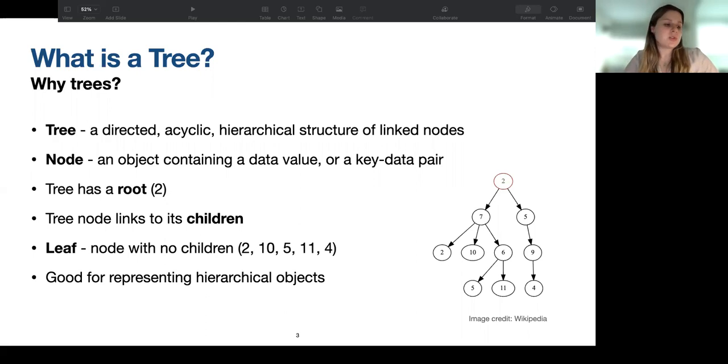However, I just wanted to note that in practice, oftentimes there is an integer key associated with each node, but there is also an object, really an arbitrary object, a data value, which each node has. The reason for that is because it's quite easy to operate with integers.